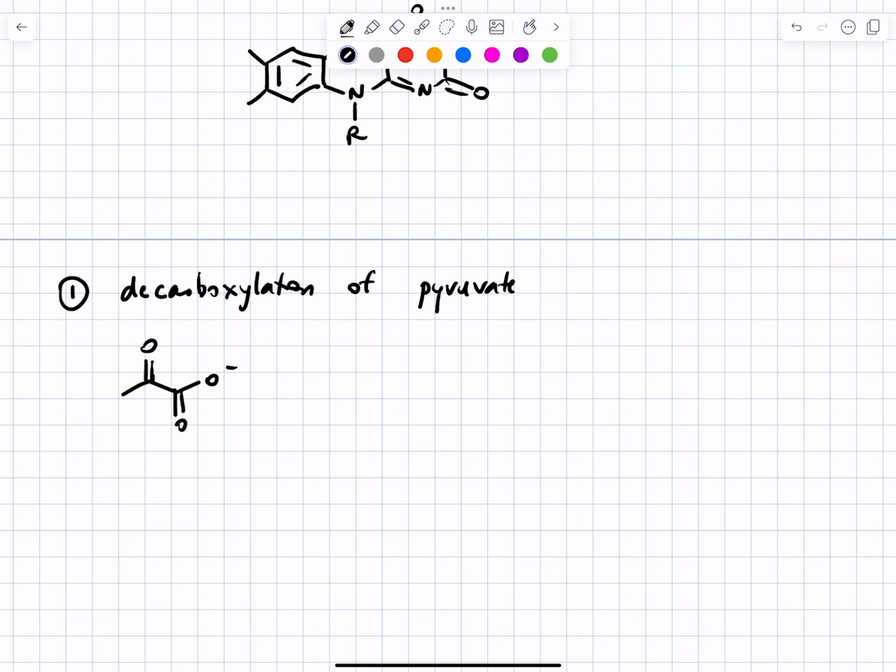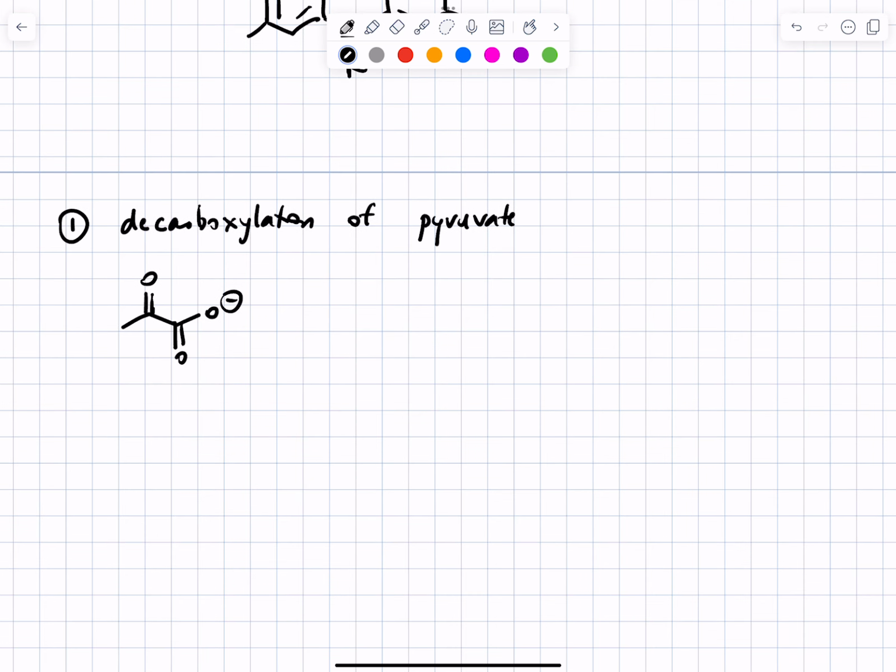So what's the role of thiamine? Let's draw just the portion of thiamine that's going to be important. And that's this 5-membered ring. The nitrogen's attached to an R group. There's a methyl group right by the nitrogen, and then there's another R group by the sulfur.